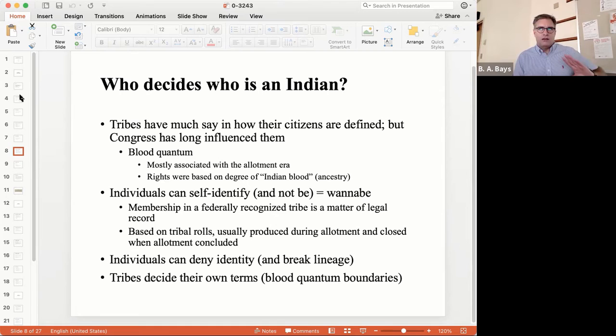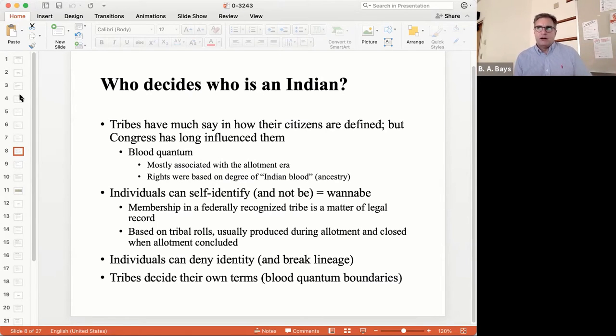So if you say that you're going to go out and take a roll of all the people, well, there are babies being born, and they're not going to be caught. So they often establish the roll to end on a certain date. So anybody born after that date would not be put on the rolls.